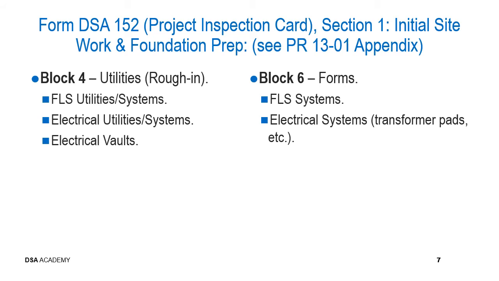In Block 6 of this same form is the area identified for concrete forming, and it is possible that there may be some fire life safety systems and some electrical systems, including transformer pads, etc., which may require project inspectors to initial upon completion of these tasks.